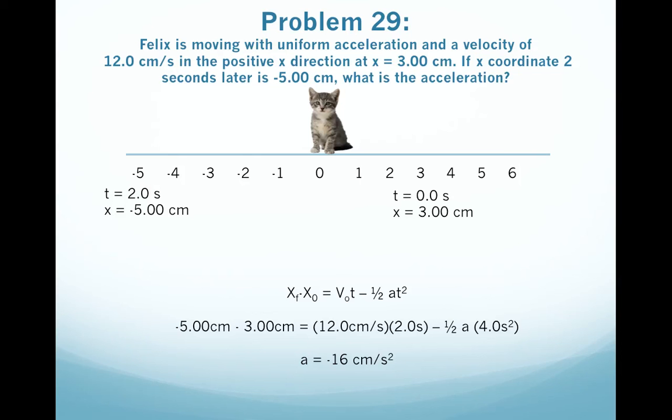From this information, we can use the equation for final position to solve for the acceleration by plugging in x final to be negative 5 centimeters, x initial to be 3 centimeters, velocity initial to be 12 centimeters per second, and time in both positions to be 2 seconds. From this, we solve that acceleration is negative 16 centimeters per second squared.